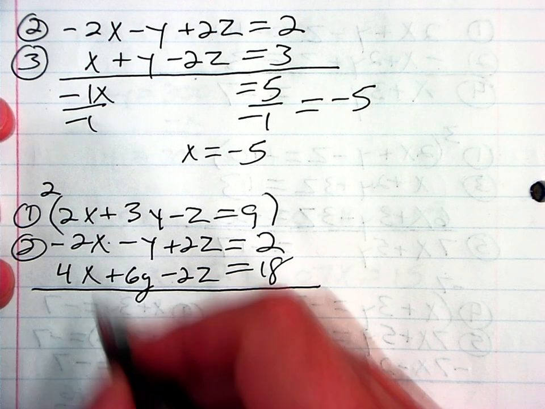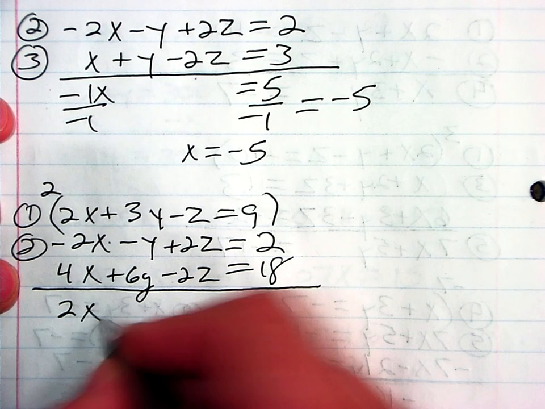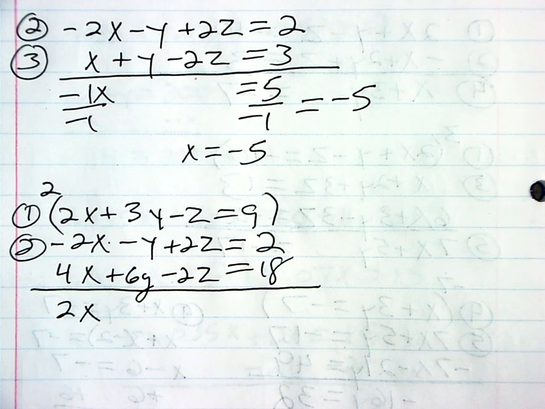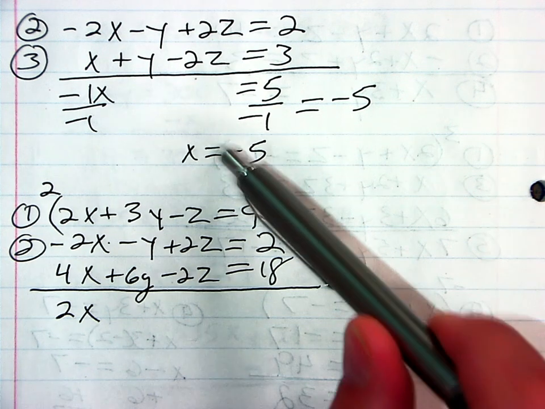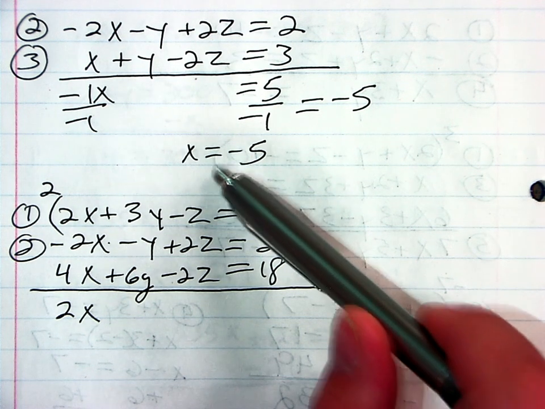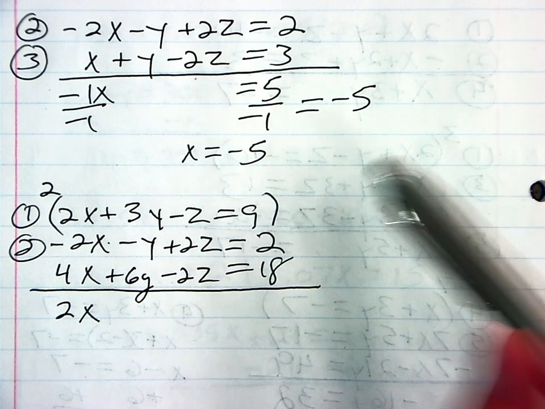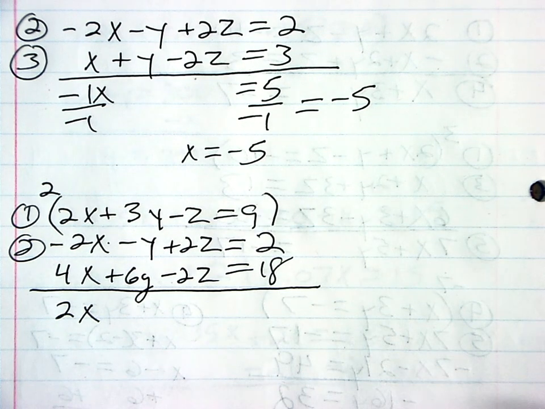Negative 2x plus 4x is 2x. Yes, we could have, but we needed to get rid of a y or a z.